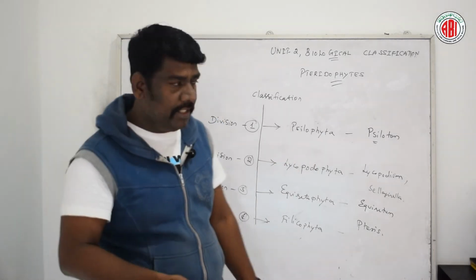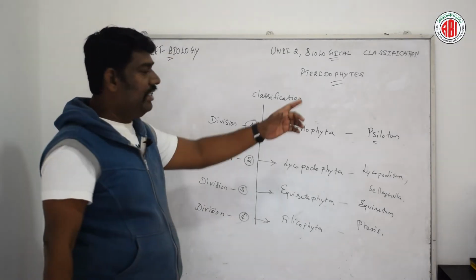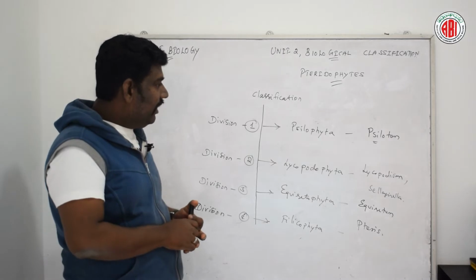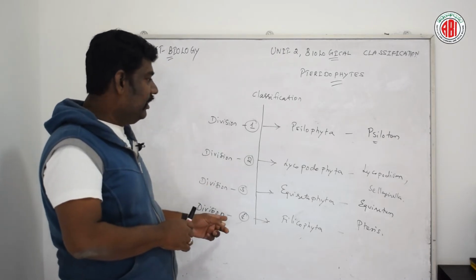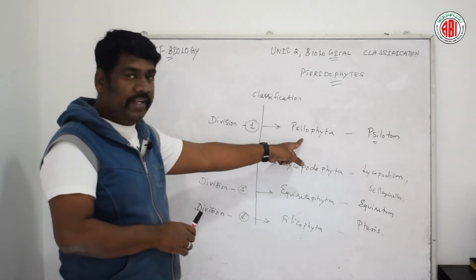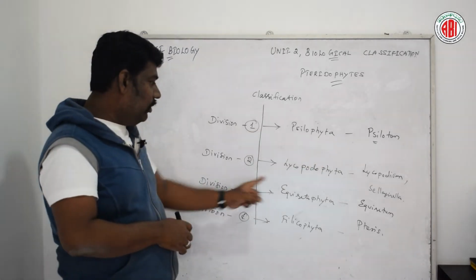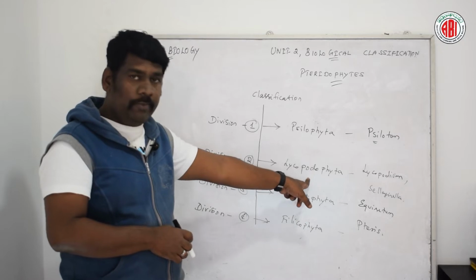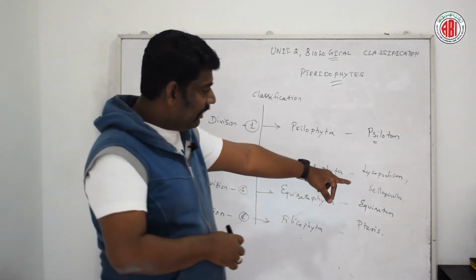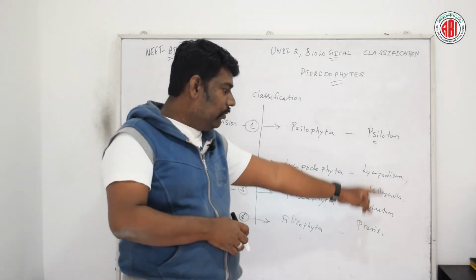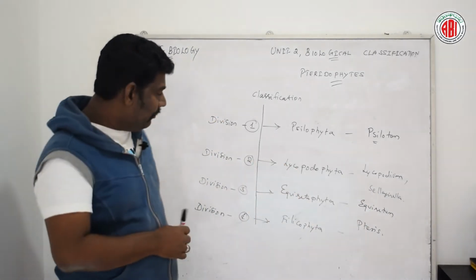Let us have a quick view of the Pteridophytes classification. The Pteridophytes are usually divided into 4 different divisions. Division 1, Psilophyta, the best example is Psilotum. Division 2, Lycopodophyta, includes Lycopodium and Selaginella as the best examples. Division 3, Equisetophyta, includes Equisetum as an example.